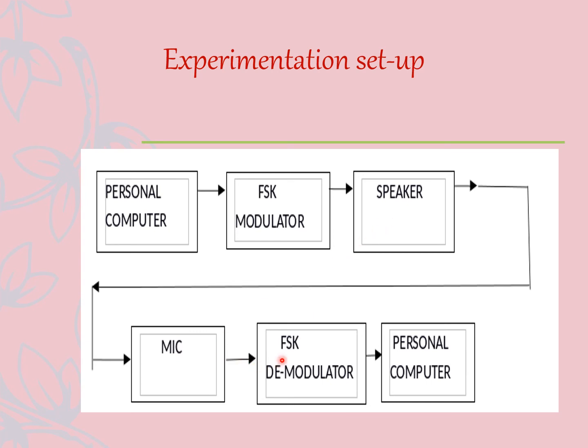This mic is connected to the FSK demodulator, and the output of the FSK demodulator is given to this personal computer. The FSK demodulator will demodulate the electrical signal received from the mic and recover the original signal, which will be given to the hyperterminal of the computer, and the message will be displayed here.